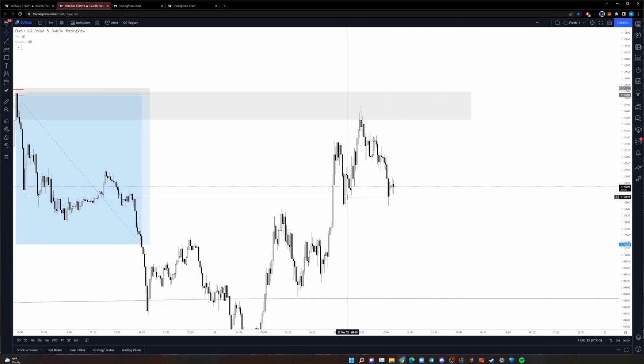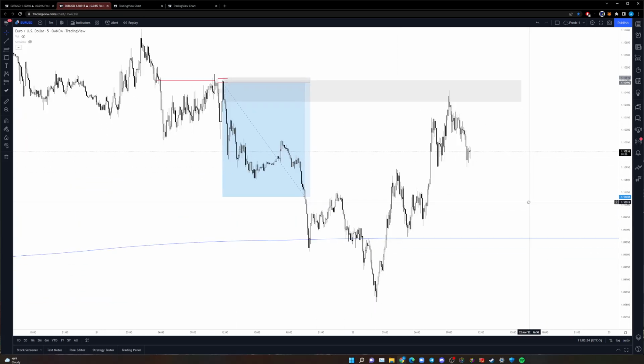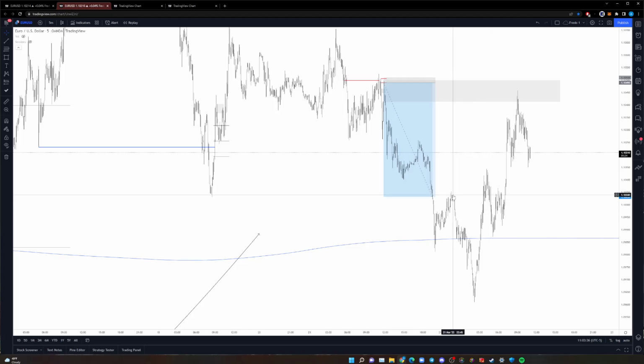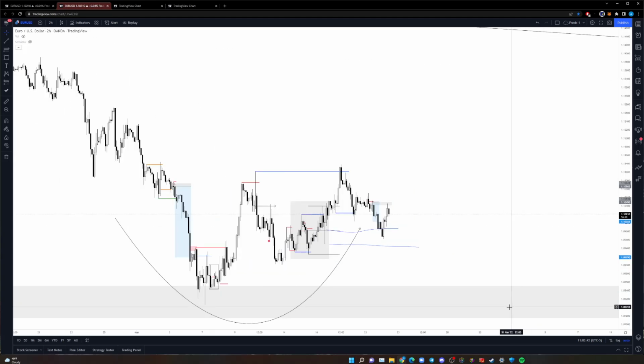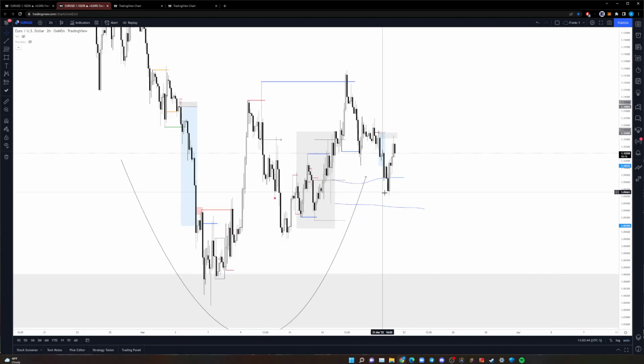Because internally we are about to break a previous structure point, that kind of argues the bearish argument, but where I'm just wanting to go 100% against that is what the break of structure here means. That break of structure signifies unwillingness internally here.